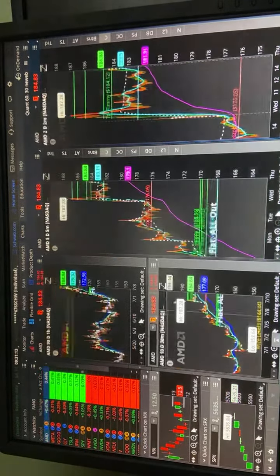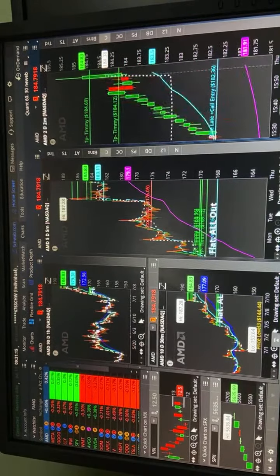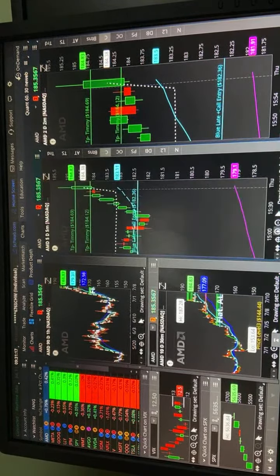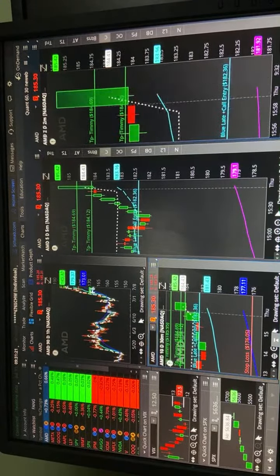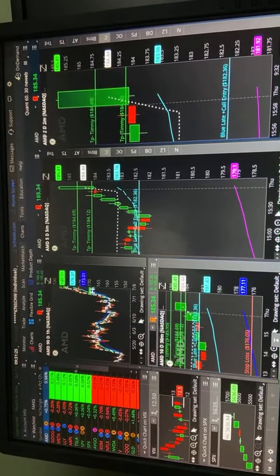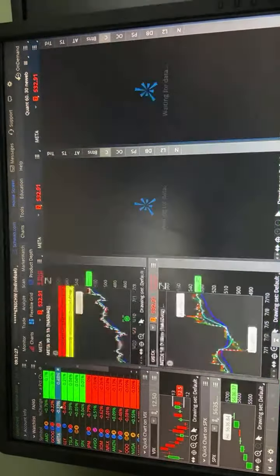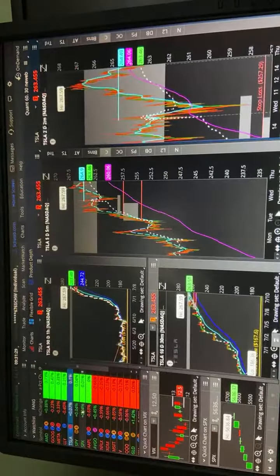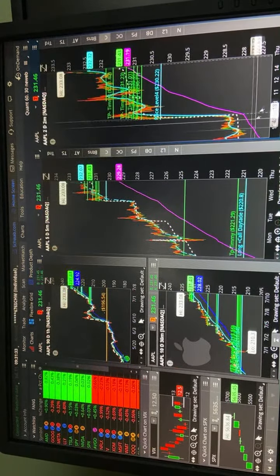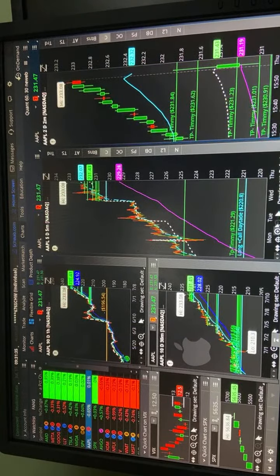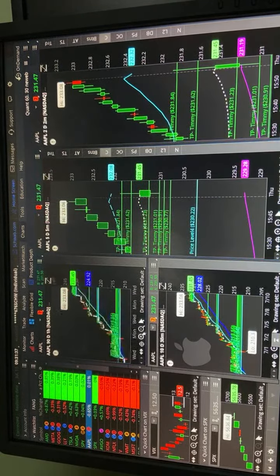Come on, Thinkorswim. All right, so we got the 30-minute, the 60-minute over here, 5-minute and 2-minute over here. So far AMD is giving us a nice little wide range bar off open. Slight gap down in Apple.